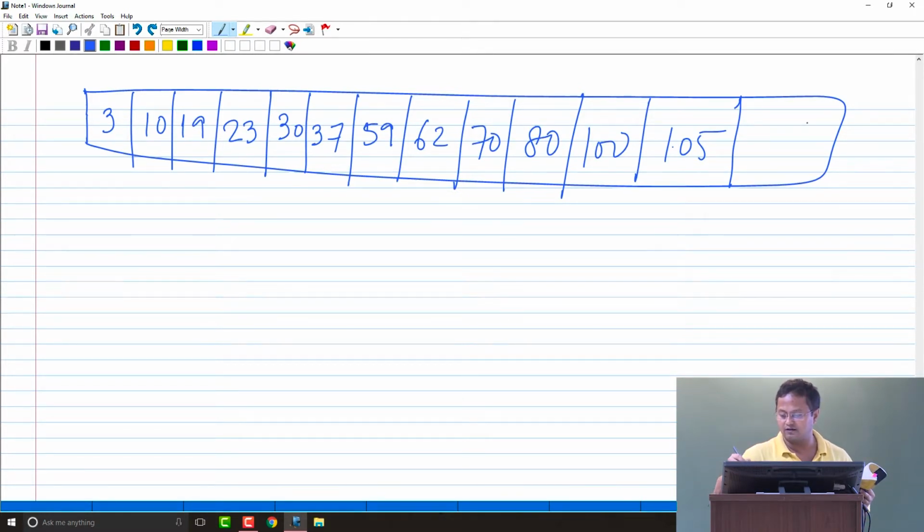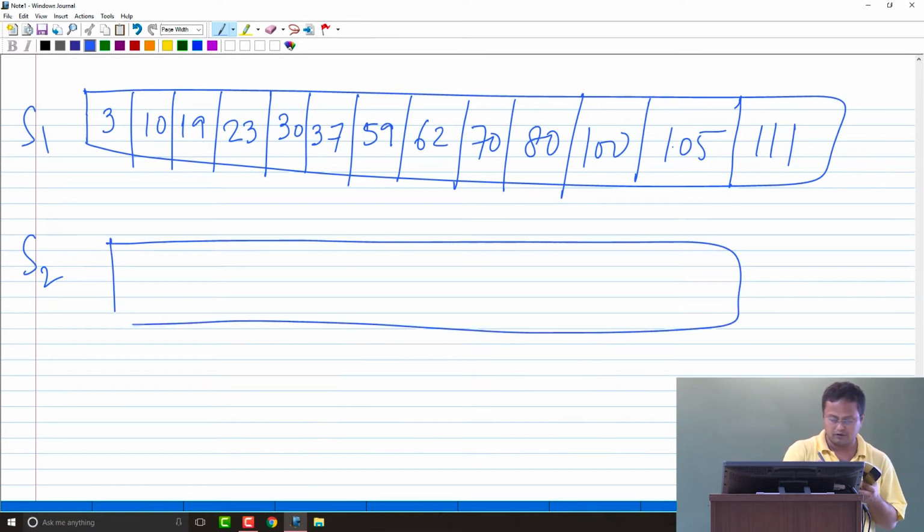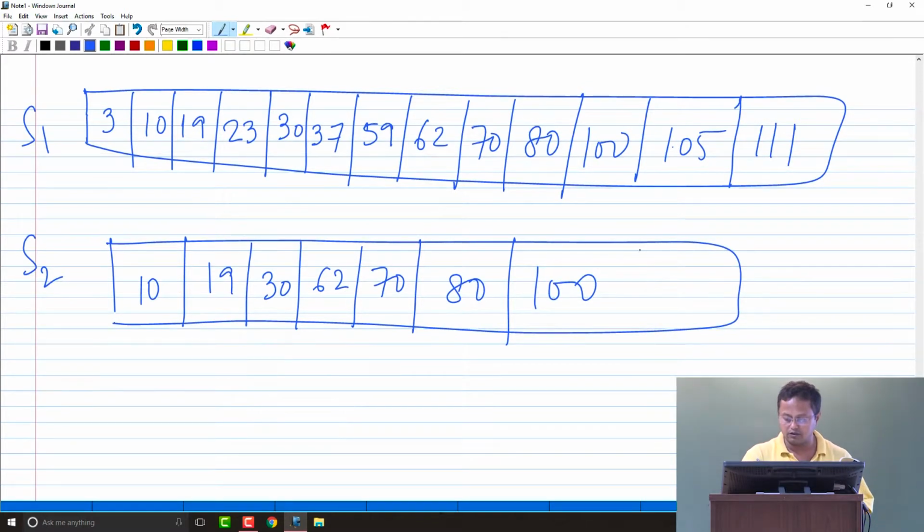Now I look at another set which is a subset of this, and I have 10, 19, 32, 62, 70, 80, say 100, and say even 105.